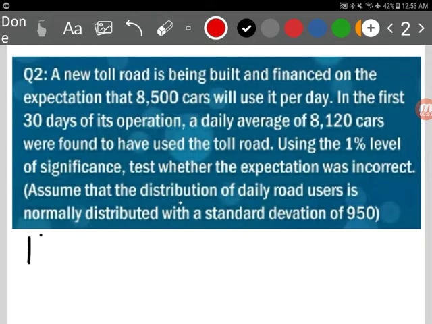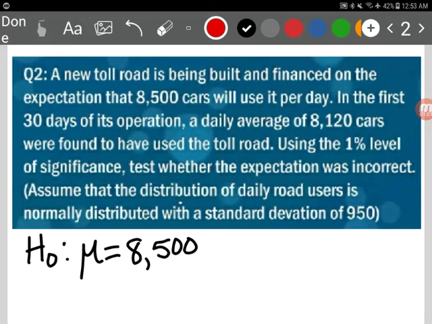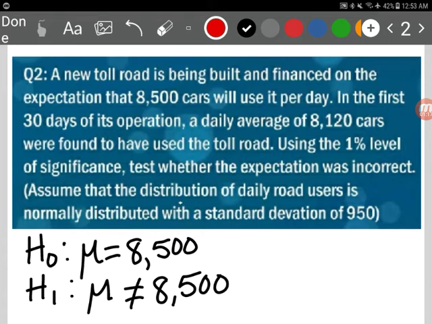I have my null hypothesis, H0: the mean equals 8,500, and my alternate hypothesis is the mean is not equal to 8,500. So make sure you read the question very carefully.